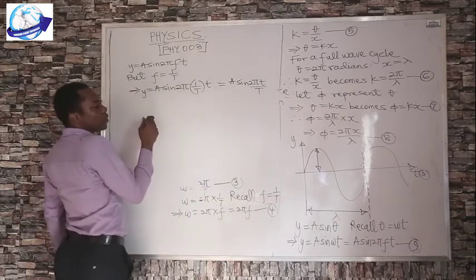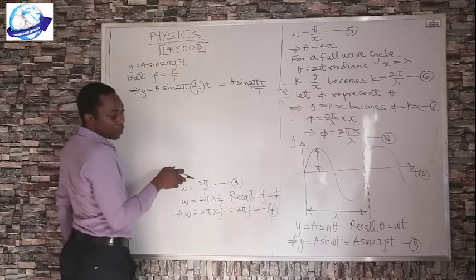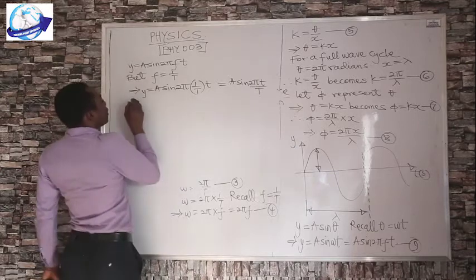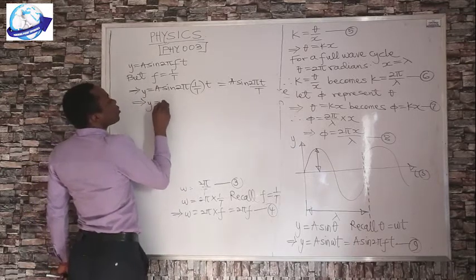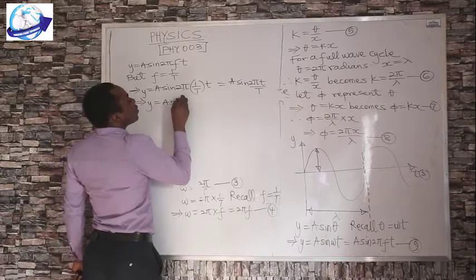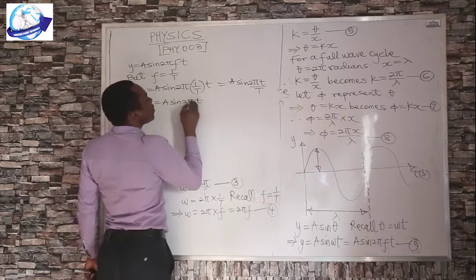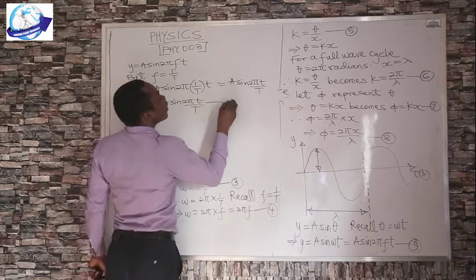This is another form of the wave equation, which implies that y is equal to a sine 2 pi t over T. It's equation 10.